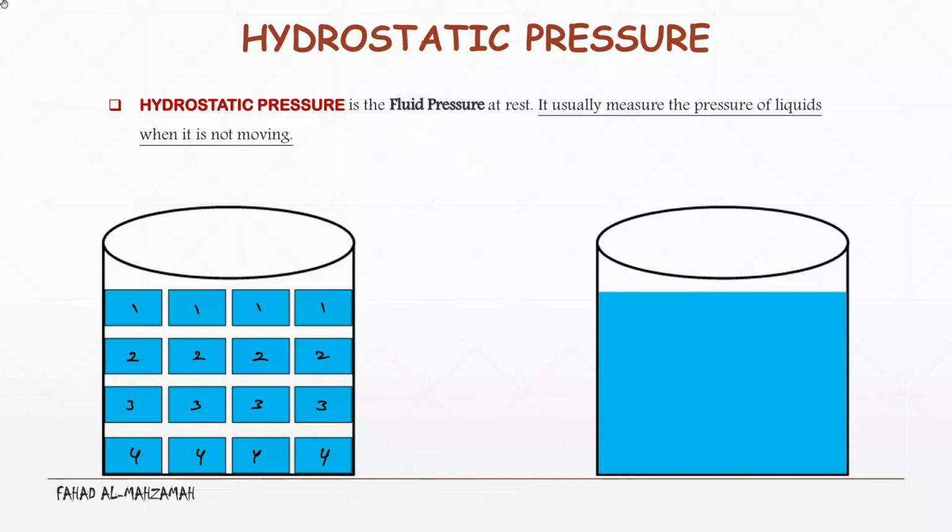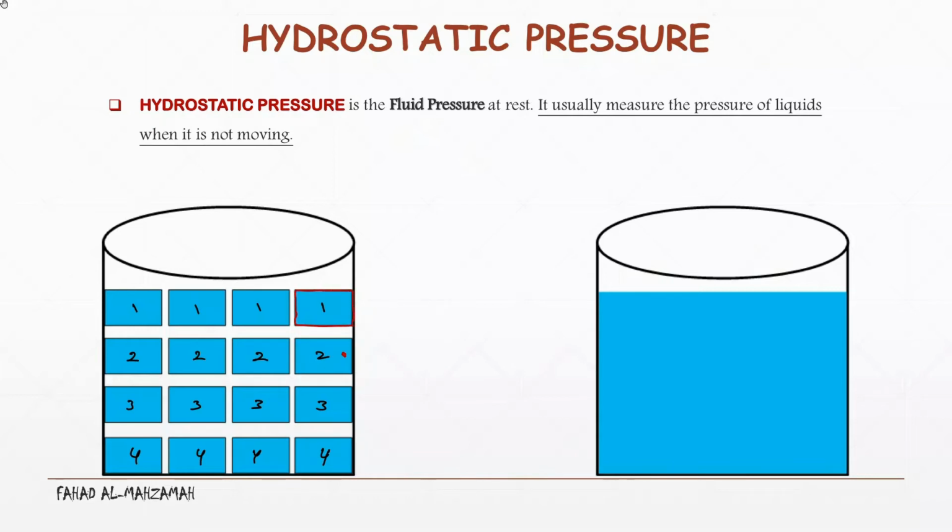Now let's look at this one. Let's look at this particular molecule, okay, let's focus on it. Now this molecule is braced by only one molecule on the top of it. So this molecule has a weight.